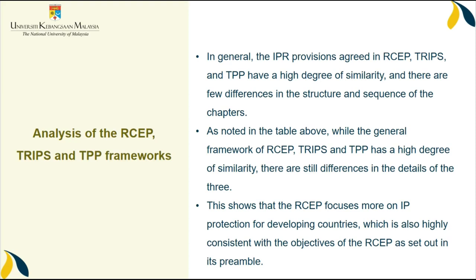Thirdly, RCEP has a separate Section 7 on the protection of intellectual property rights in genetic resources, traditional knowledge, and folklore, which is not mentioned in TRIPS or TPP, and this is a feature that distinguishes RCEP from the other two agreements.